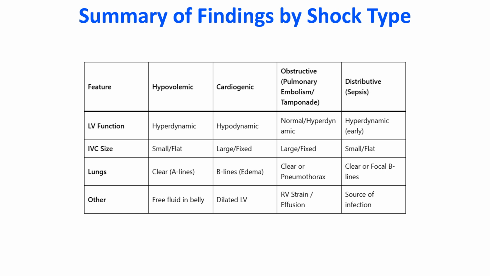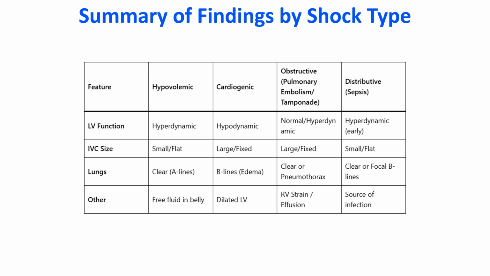IVC size: small or flat in hypovolemic, large fixed, that is without inspiratory collapse, in cardiogenic, large fixed in obstructive as well, and small flat in distributive or sepsis.